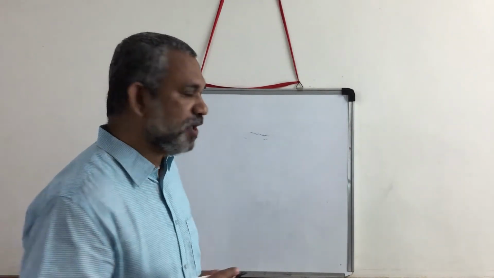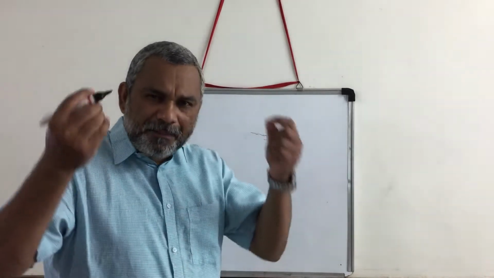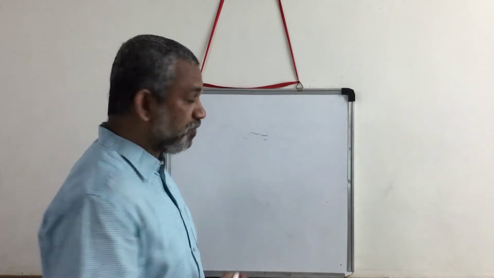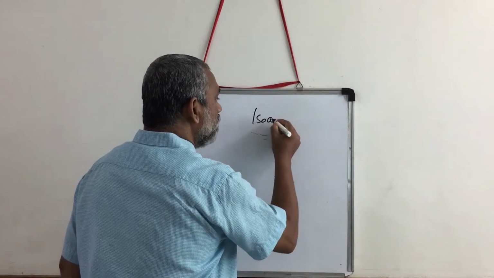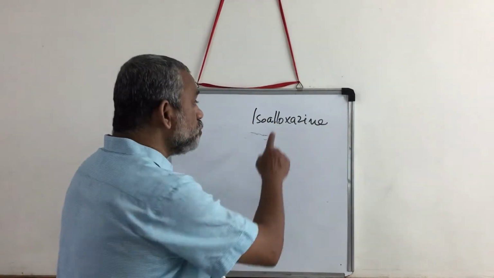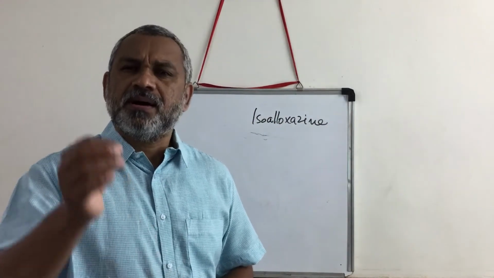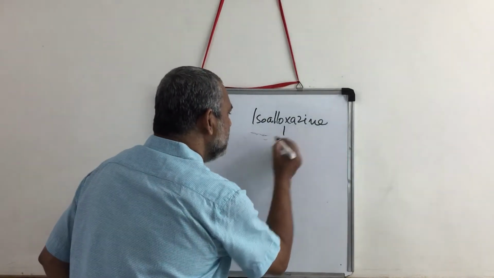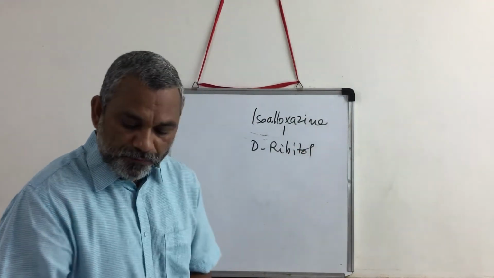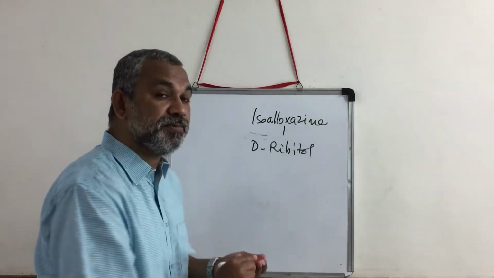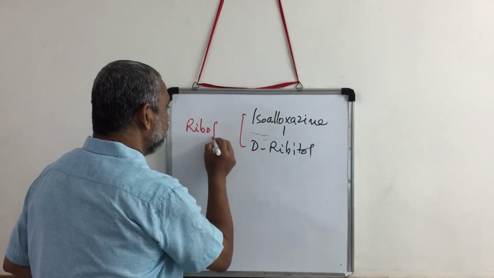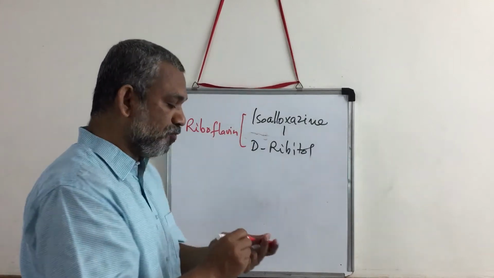It has a basic molecule derived from vitamin B2, riboflavin, that is isoalloxazine. To isoalloxazine, a carbohydrate, D-ribitol, is added, and this becomes riboflavin.